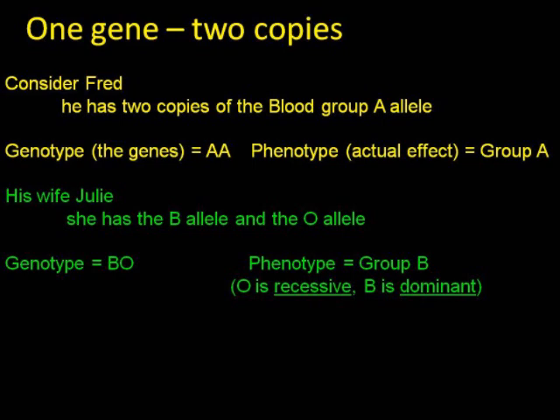Therefore, her genotype is BO. She is heterozygous, and her phenotype is B. Her phenotype is B because O is recessive and B is dominant. And a recessive gene doesn't show unless it's the only gene there. A dominant gene always shows itself.